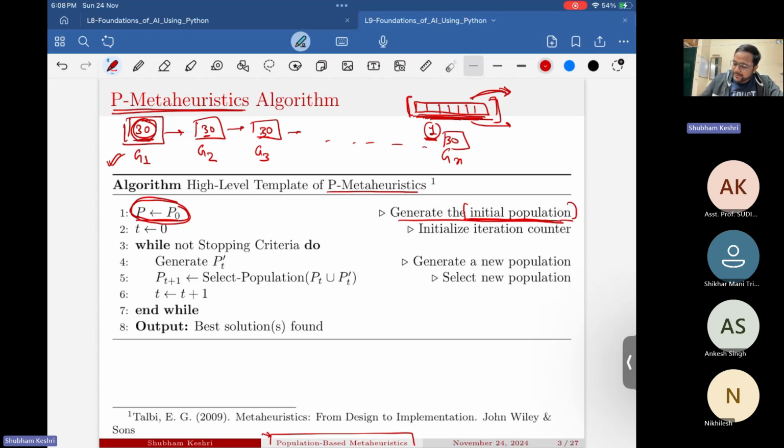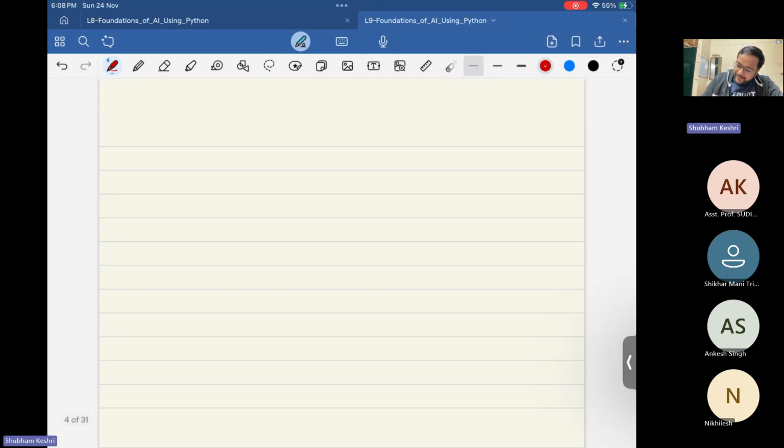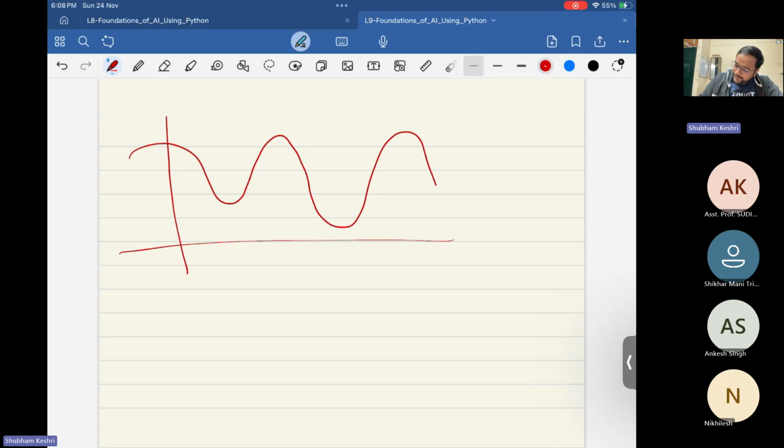And what is happening is, if I just draw one, you might have multiple local optima in a problem, right? If it is a minimization problem, this graph is for a minimization problem, you might have multiple local minima, right? And since you have a population, those populations will come close to these local minima.